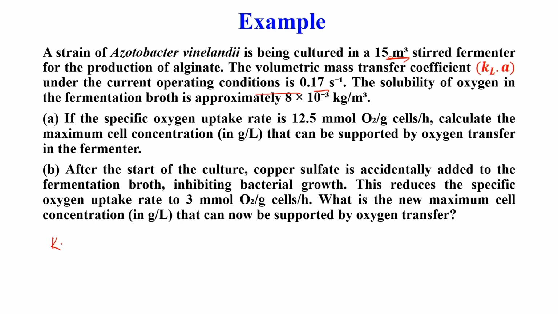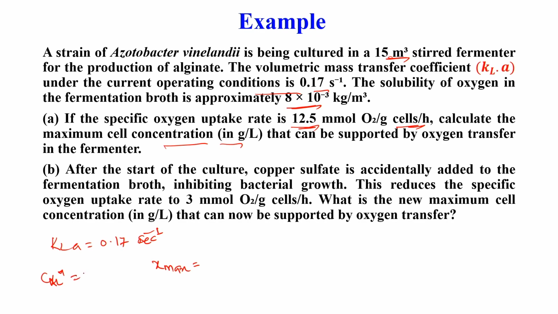So, K_LA is given as 0.17 second inverse. The solubility of oxygen in fermented broth is 8 into 10 to the power minus 3 kg per meter cube. Now, for part A it says if specific oxygen uptake rate is 12.5 millimole oxygen per gram cell per hour, then calculate the maximum cell concentration. So, for part A what you have to calculate is the X max.